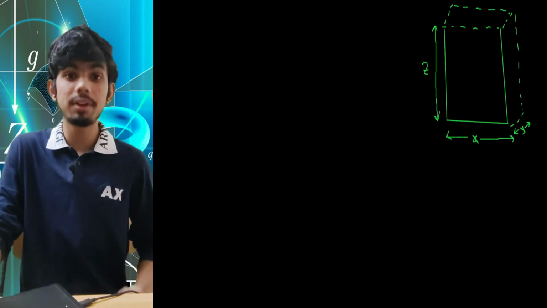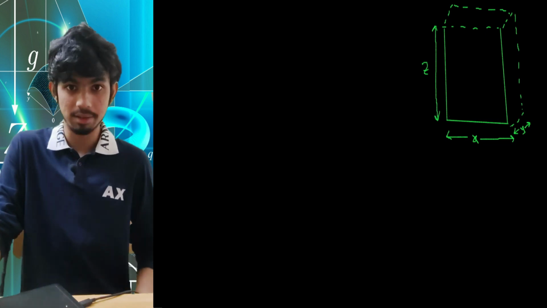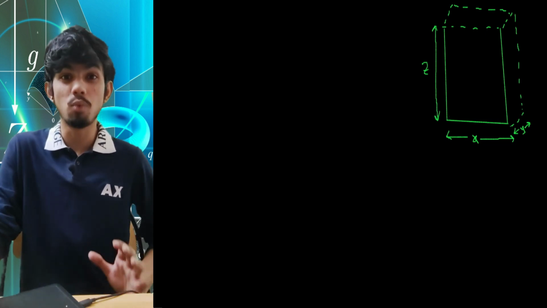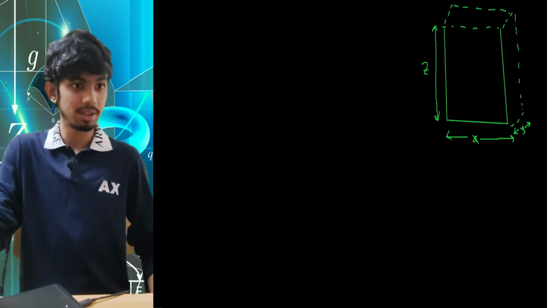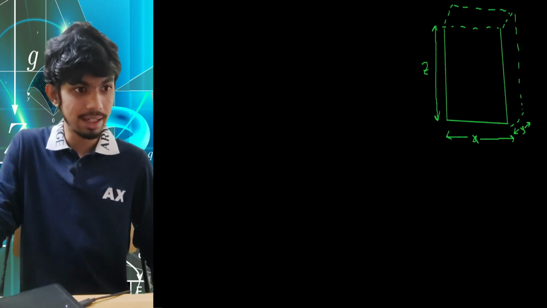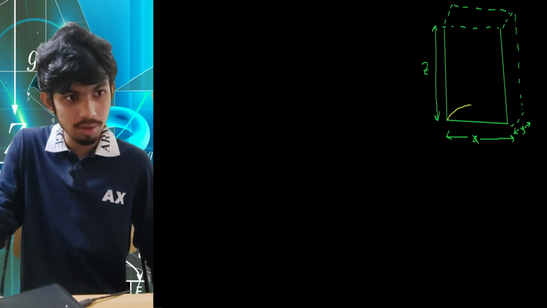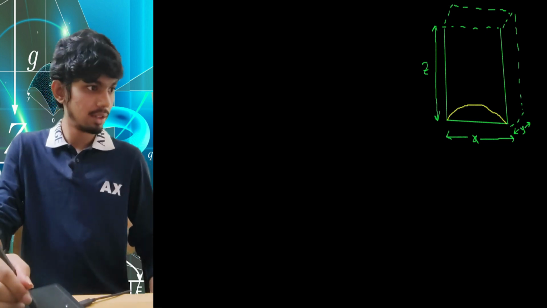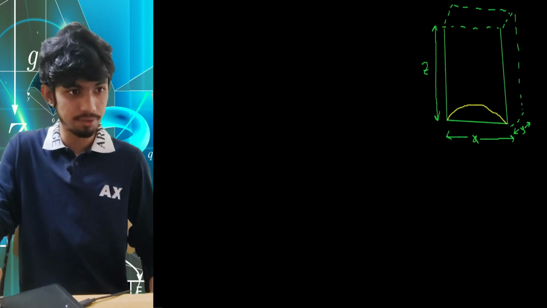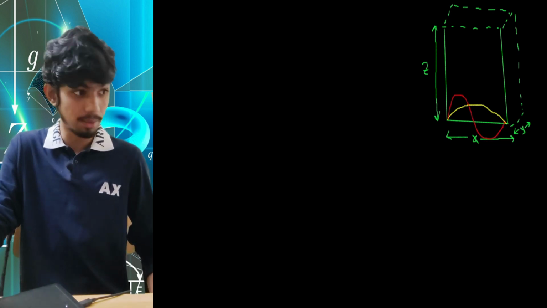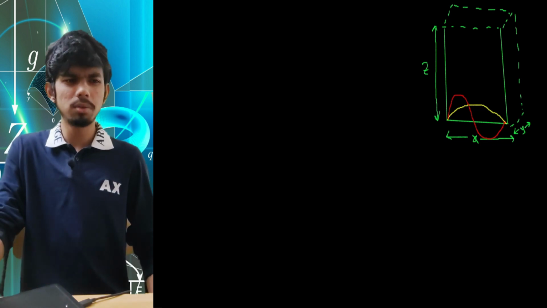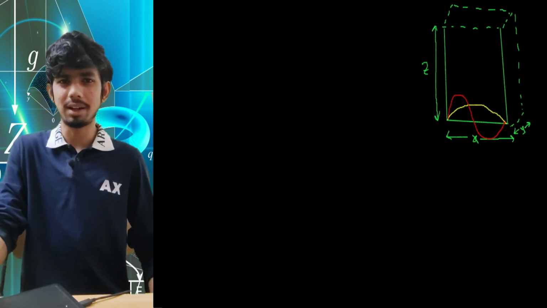Now you see that every single wave which is generated within this box must lie within the box. So if you have a wave which is generated within this box, then it must lie within the box like this. It can also be a different kind of wave, maybe something like this, but it has to lie within the box. Now, do you recall what these kind of waves are?